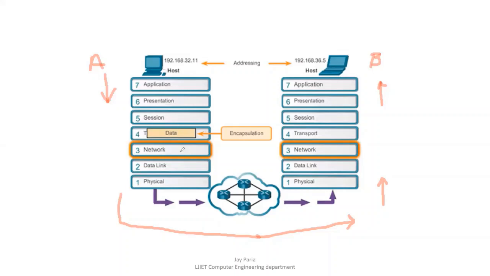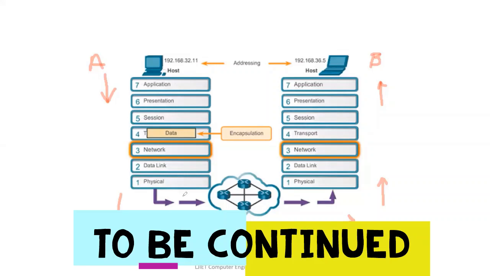The segment will pass to the network layer, where some header will be added and it will be called a packet. Then the packet will be passed to the data link layer, where a header will be added and it will be called a frame. So at each and every layer some information will be added and it will become its own unit and be passed to the next layer.